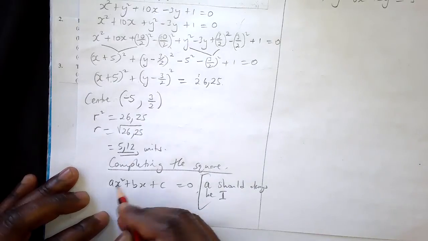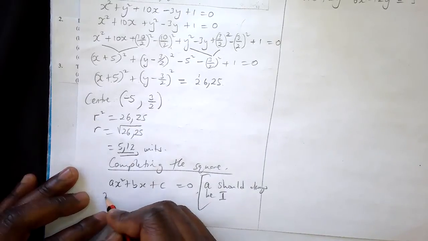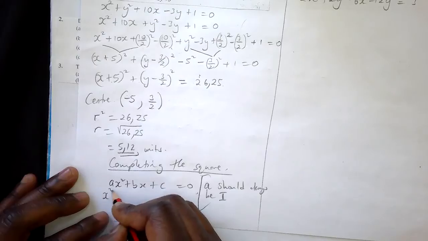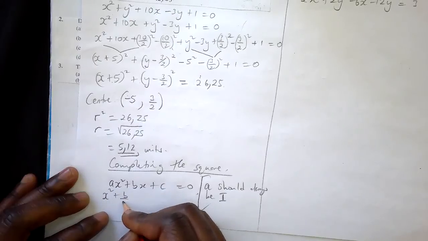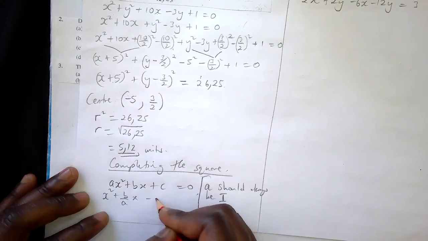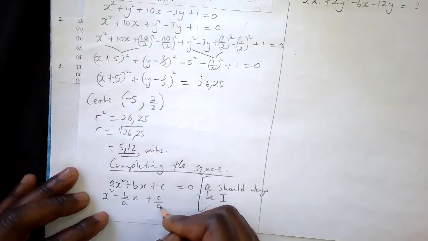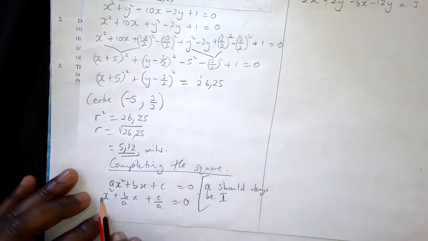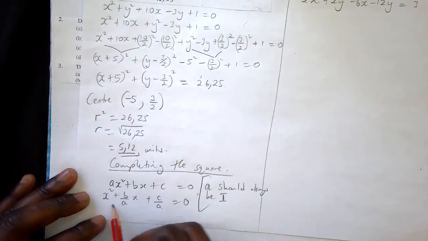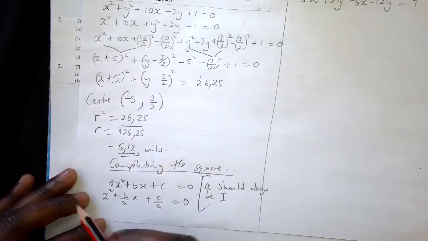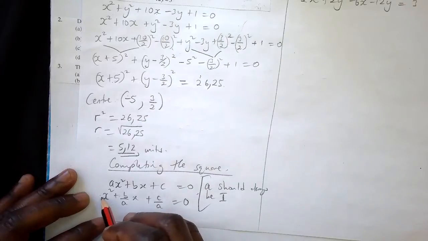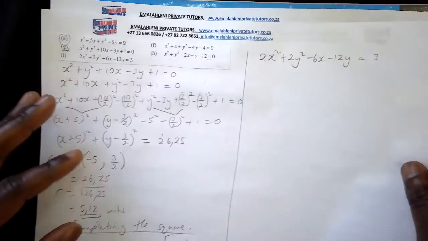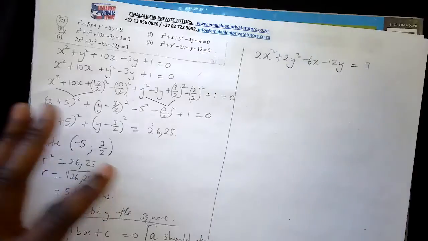If it's not 1, you're going to say x squared plus b over a x plus c over a is equal to 0, because you're going to divide throughout by a, so that you can have a coefficient of 1 here. It should be 1 always here. Okay, so let's come to our question and see what you're supposed to do first.